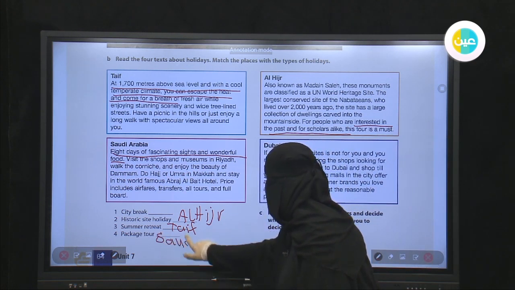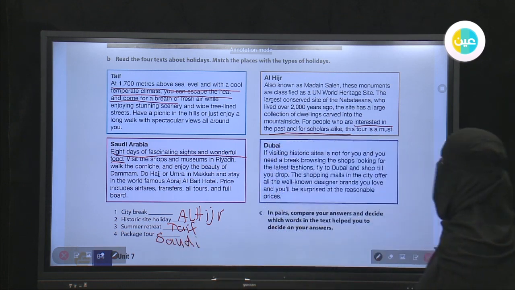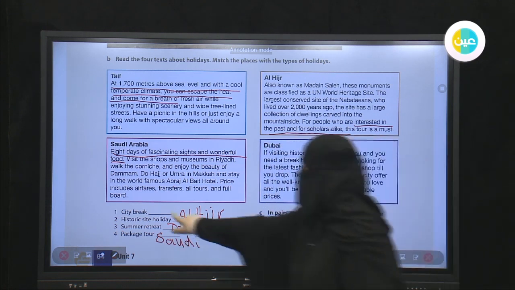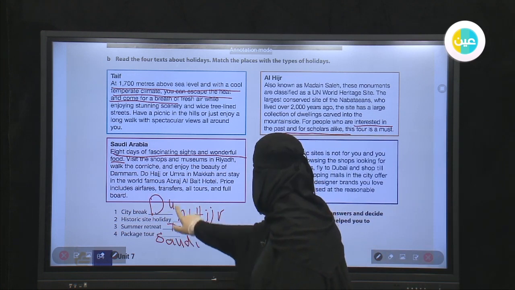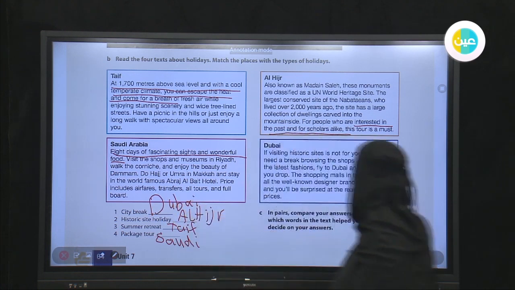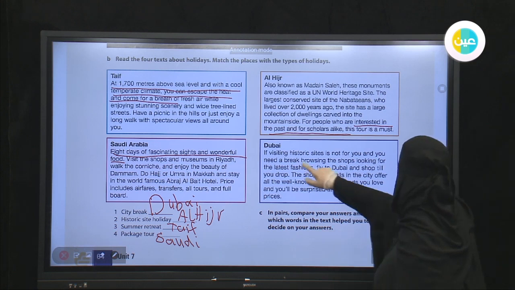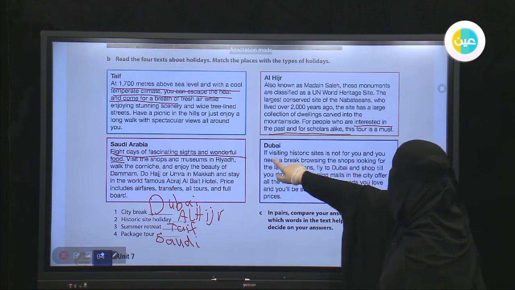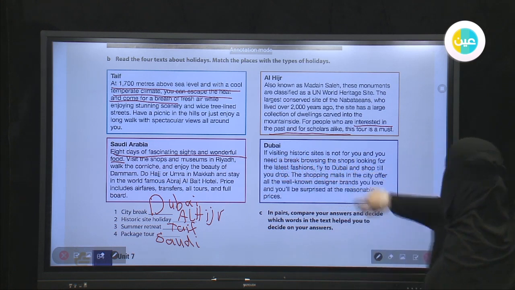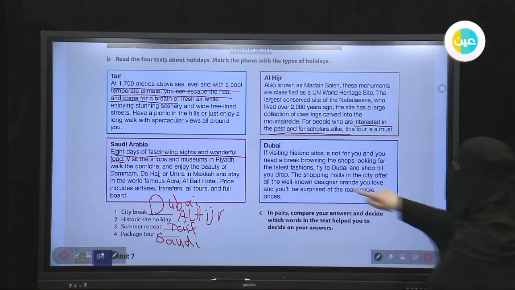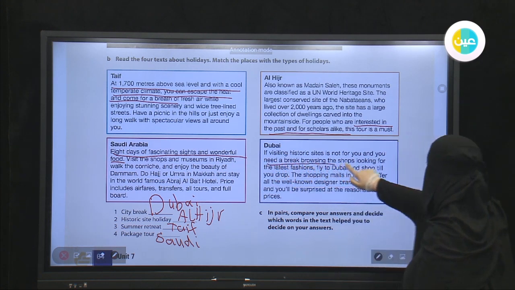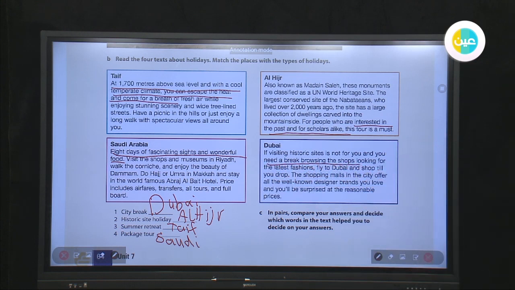Okay, so the last one, city break, is Dubai. Also, we will mention which line refers to a city break. Here, as you can see, if visiting historic sites is not for you and you need a break browsing the shops. Okay, here we have the line which refers to a city break.